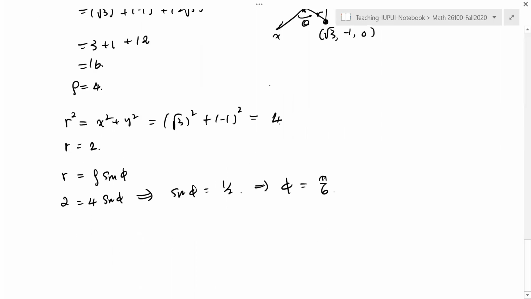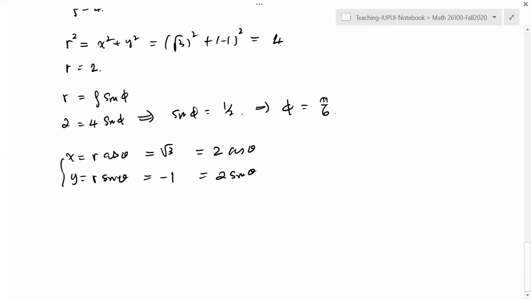So now I'm going to get theta. We know that x equals r cosine theta, y equals r sine theta on the xy plane. So my x is going to be square root 3, y is -1, and we already know r is 2.